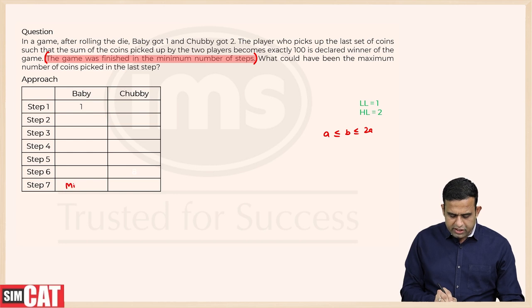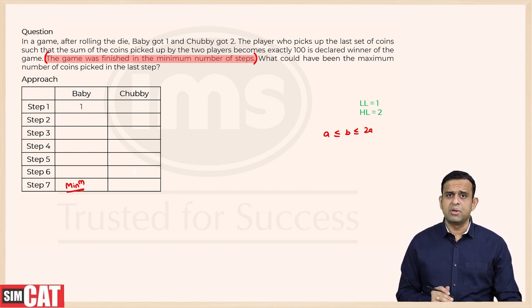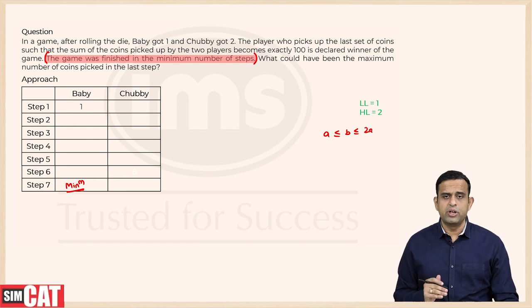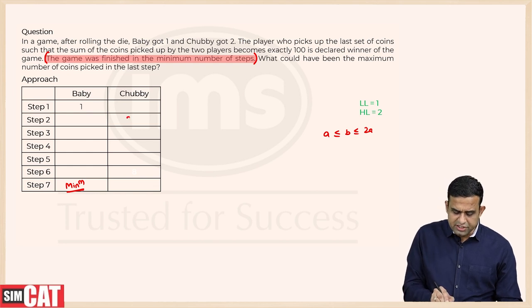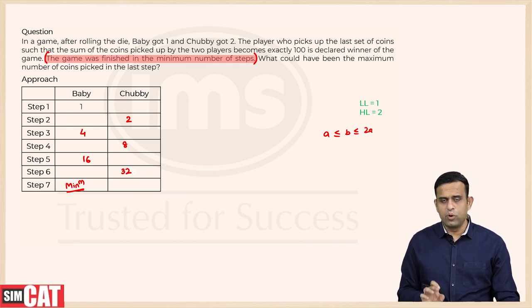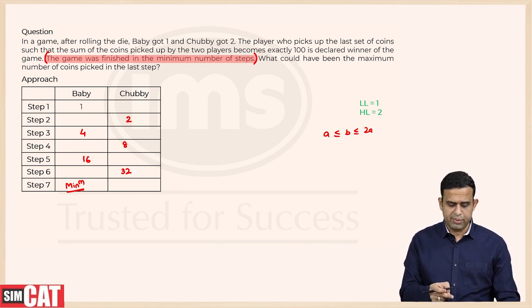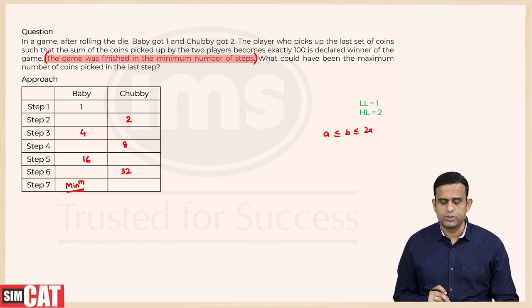If I want to say this is going to be the least number of coins picked in step number 7, which would mean that I should have picked the highest possible coins in the previous steps, 1, 2, up to 6, and that we have seen just now: 1, 2, 4, 8, 16 and 32. I can't pick more than these coins from step number 1 up to step number 6 over here.